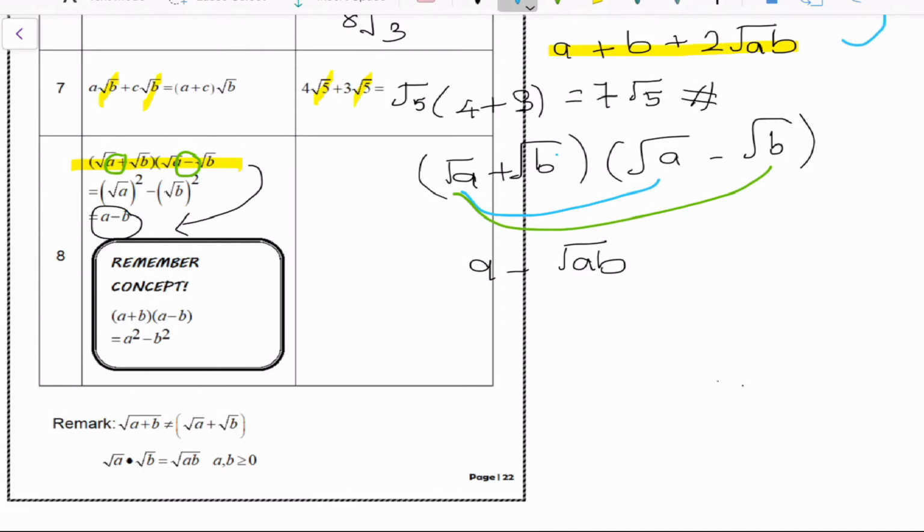Surd B times surd A will give you positive surd AB. And the last one, surd B multiply with negative surd B will give you negative B.